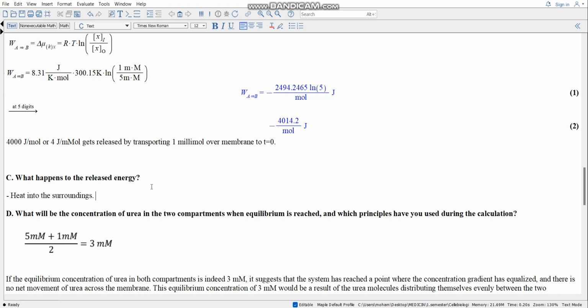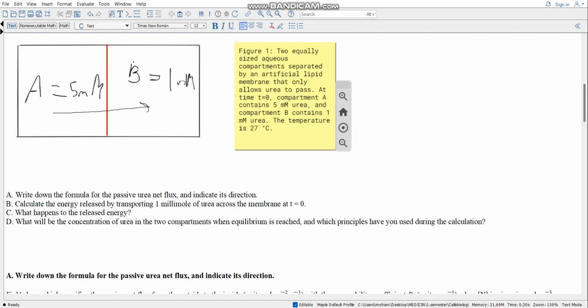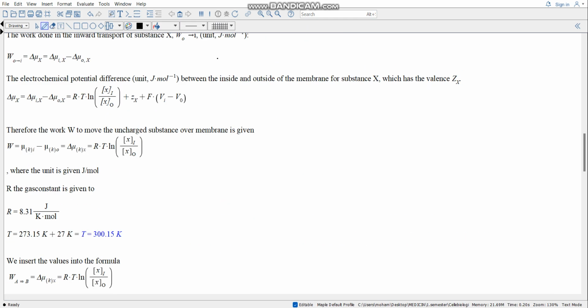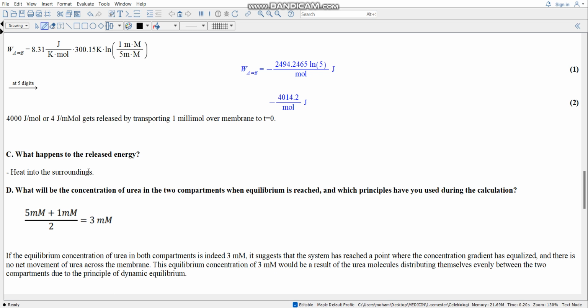This energy is usually converted into thermal energy, which increases the overall temperature of this system right here, and also the surroundings, right? So what happens to the released energy is heat into the surroundings. And this thereby also increases the potential energy.